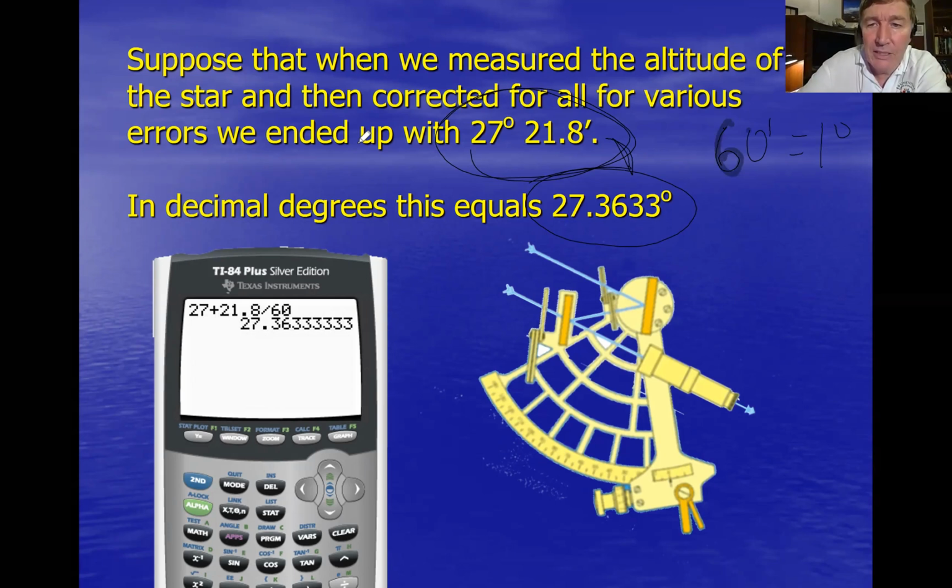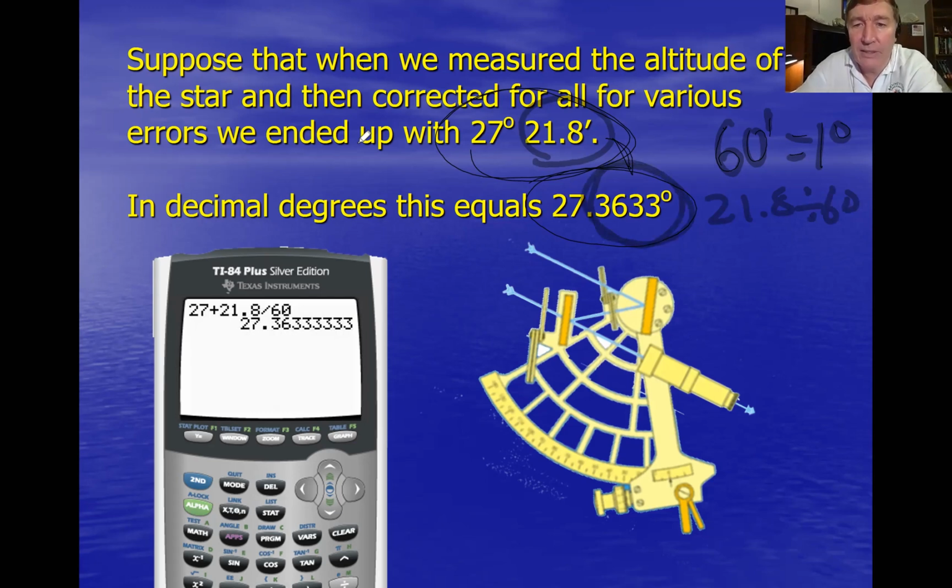So 60 minutes equals 1 degree. If I take 21.8 minutes divided by 60, I will get 0.3633. So 0.3633 is the decimal equivalent of 21.8 minutes.